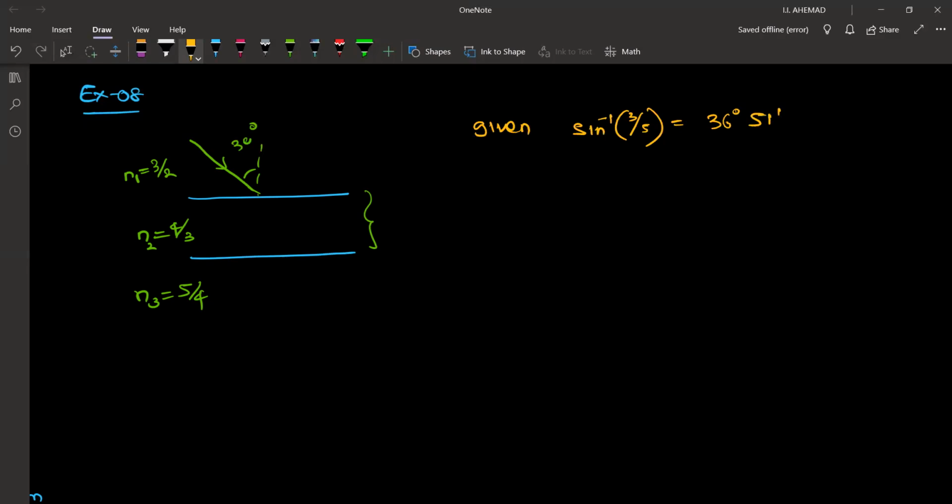And sine inverse 9 by 16, that's 34 degree and 13 minute. So the question is to find the total deviation.